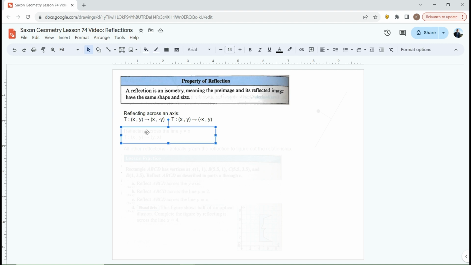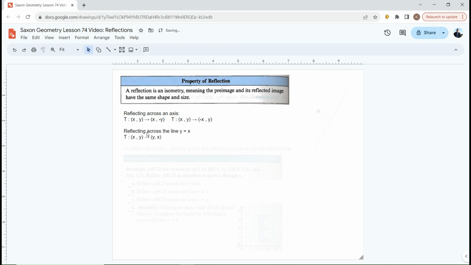Another really easy one is reflecting across the line y equals x. Y equals x is a perfectly diagonal line that has a slope of 1 and passes through the origin. To reflect across that line, you simply swap y and x. So every point, you're just swapping its y value with its x value.